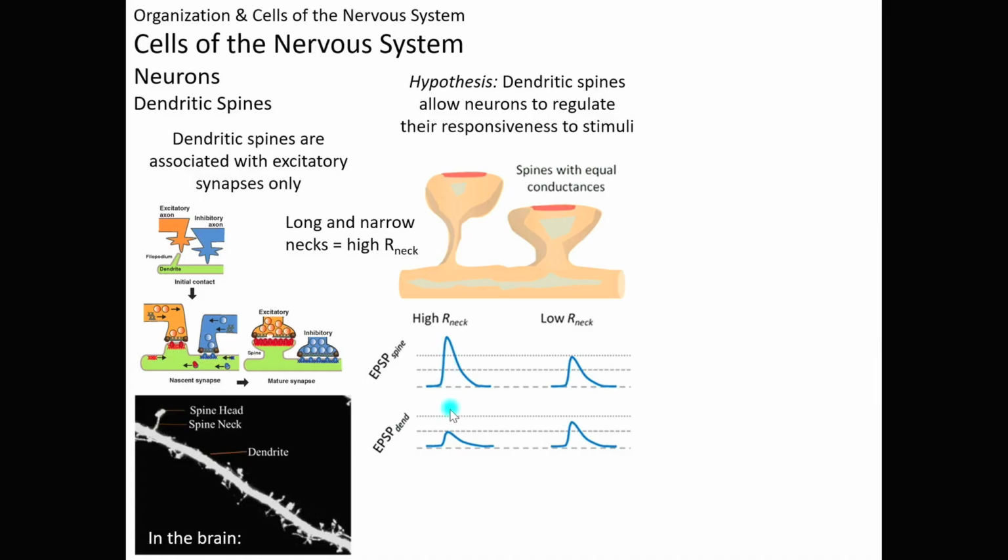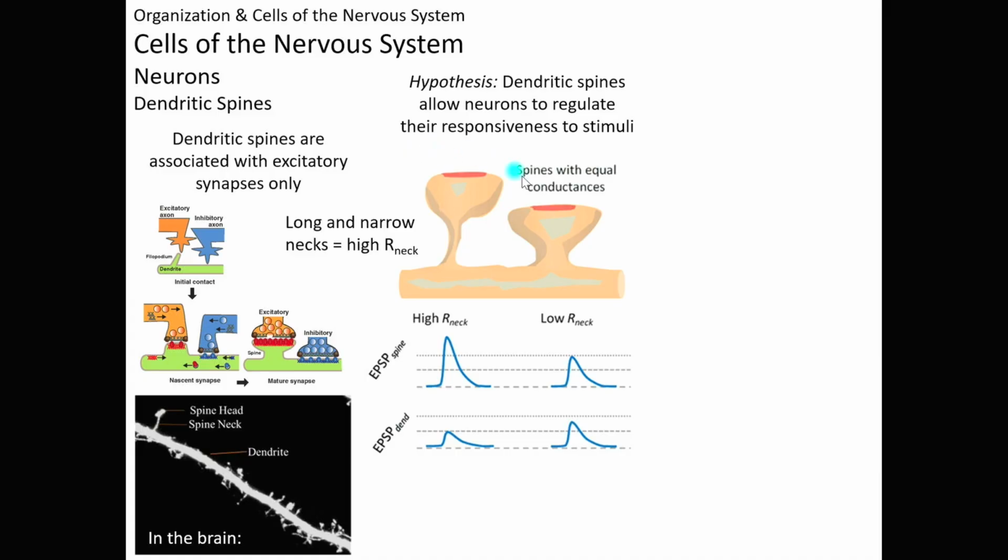But the excitation that gets to the dendrite is very low. So you're exciting this spine here, but because of that narrow, long neck, a lot of the excitation gets trapped inside the head and can't really make its way through that long, narrow neck to get down to the dendrite. And if it can't get down to the dendrite, it can't get to the axon hillock, it can't get to the axon initial segment, it can't contribute to exciting and causing this neuron to generate an action potential.